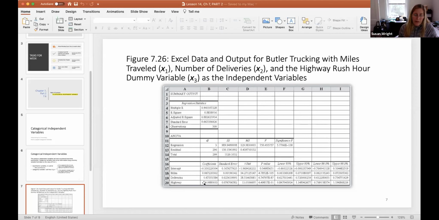That's what I'm going to show you how to do today, is add these categorical variables. If you remember from last week, we also have to look at these p-values and t-stats. The p-value should be less than your level of significance.